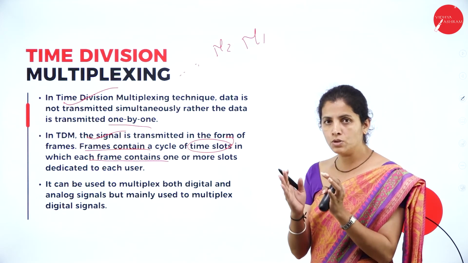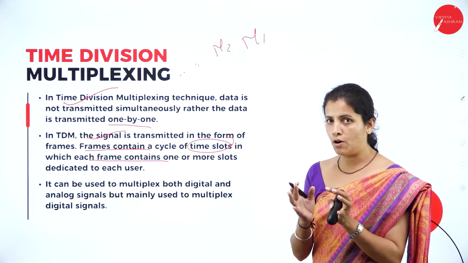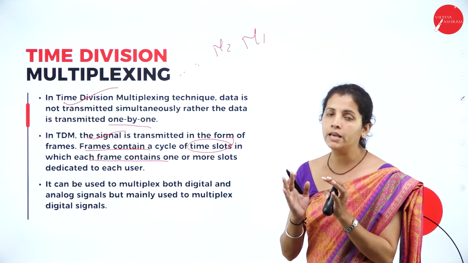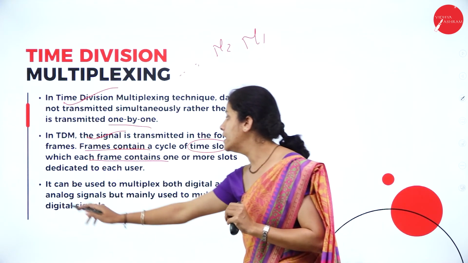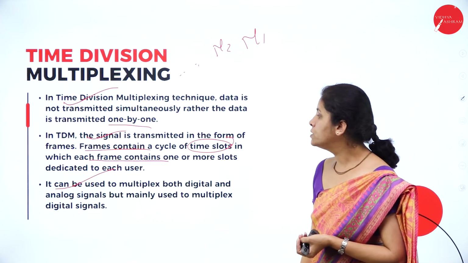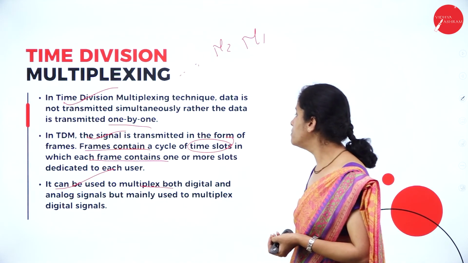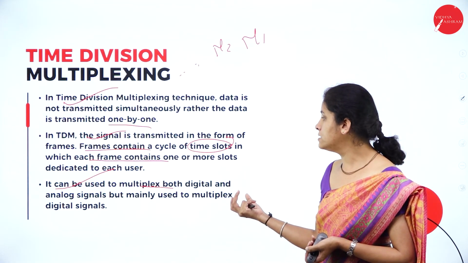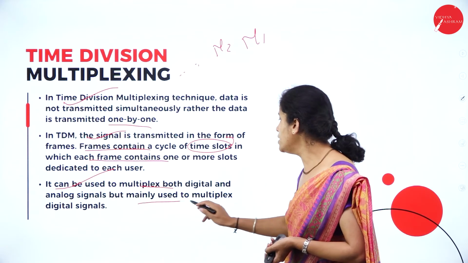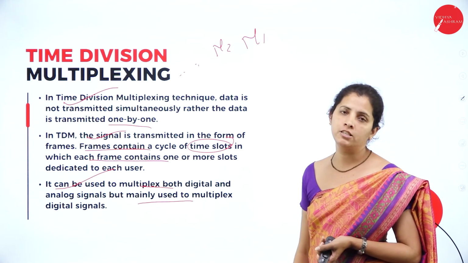For each user, I am going to get the time slot. In that time slot only, they are eligible to transfer the data. It can be used to multiplex both digital as well as analog signals and mainly used to multiplex digital signal.